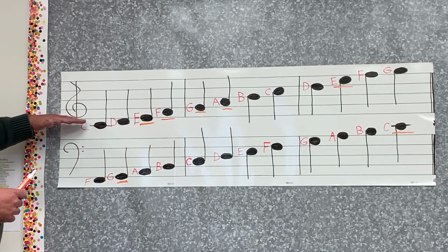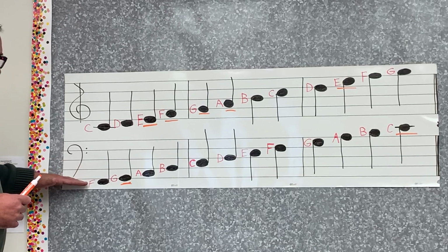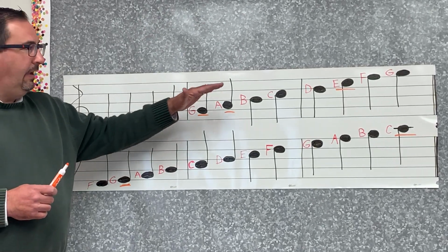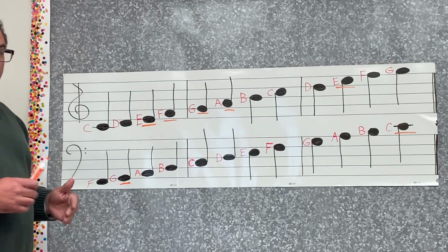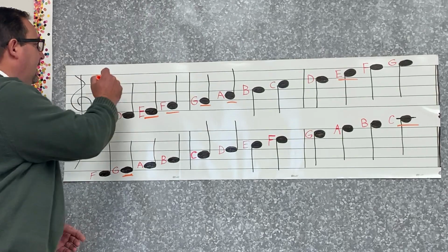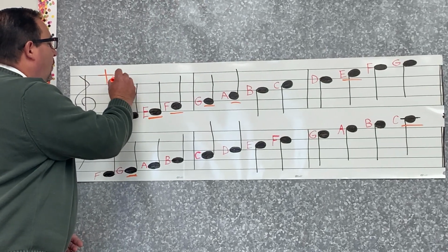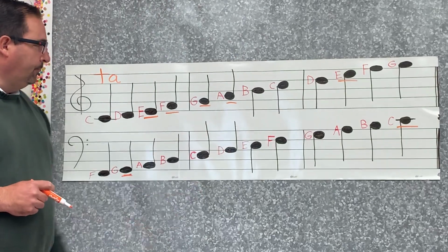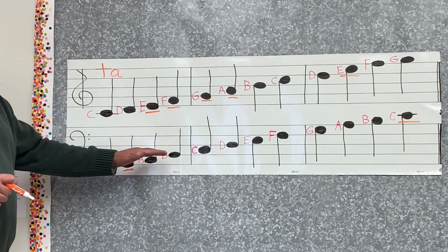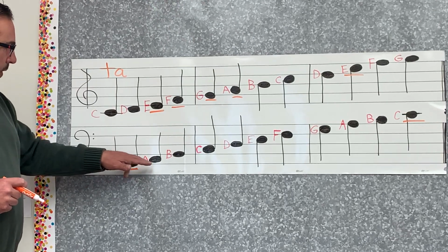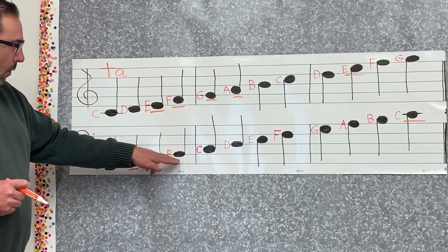So today we have treble clef, bass clef, 2 ascending scales, and all together now, what type of note? That's correct. That is a ta quarter note. Every note is the same. We have how many beats per measure? Count, please. 1, 2, 3, 4.